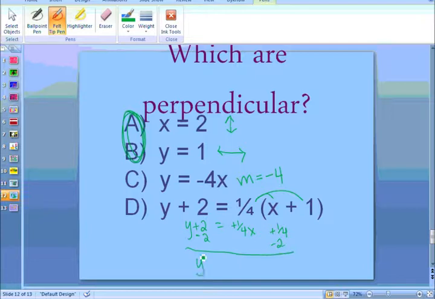So I've got y equals 1/4 x minus 1 3/4, or 7/4. So my slope here is 1/4. So I've got a negative 4 and positive 1/4. Are these opposite reciprocals? Yes. So C and D are also perpendicular.